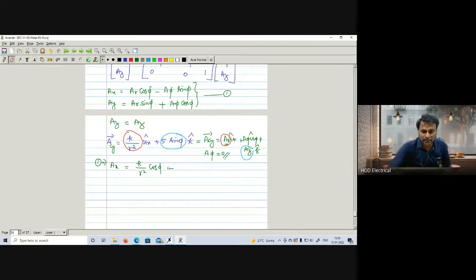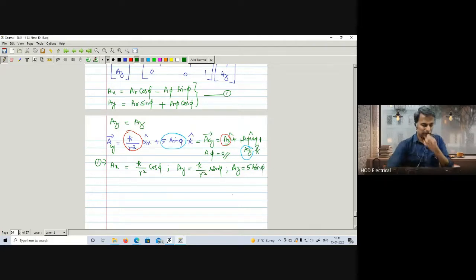Then AY equal to AR, which is K by R square into sin phi, plus A phi, for which there is no component, so it will be 0. Then AZ is 5 into sin phi.